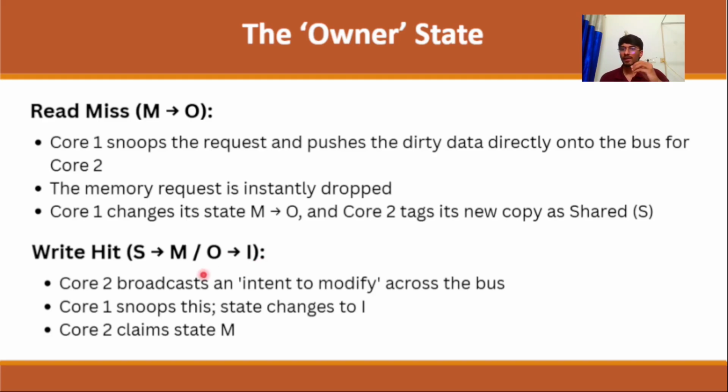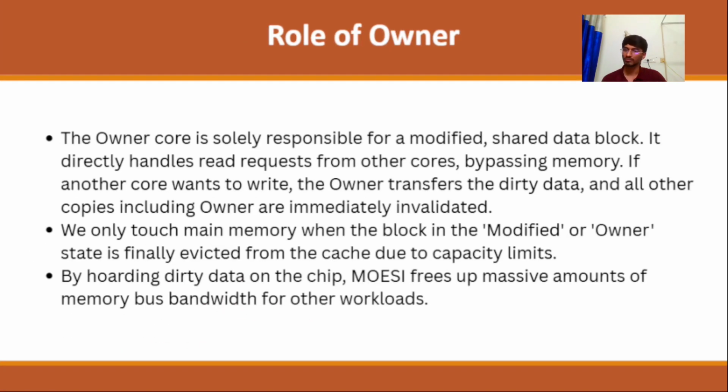Since the core sends out an intent to modify signal across the bus, all other cores having that data will invalidate their copy, and the one which writes the latest value claims the state M.